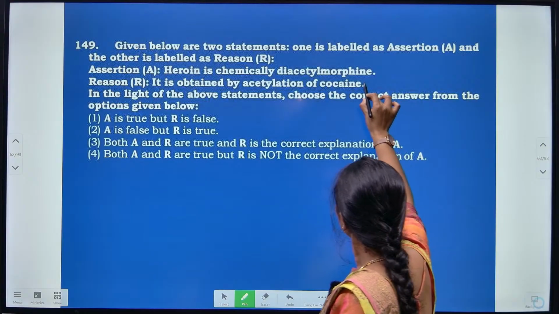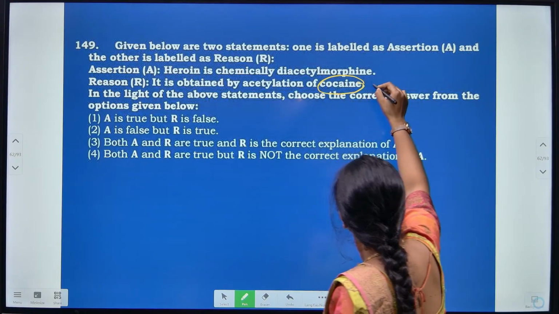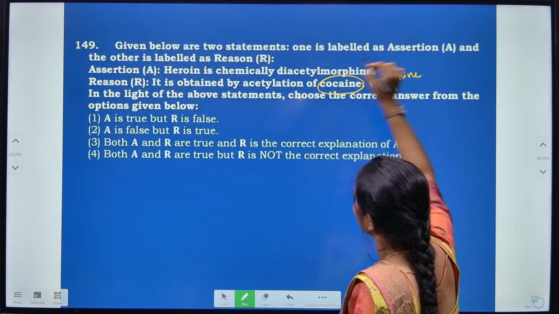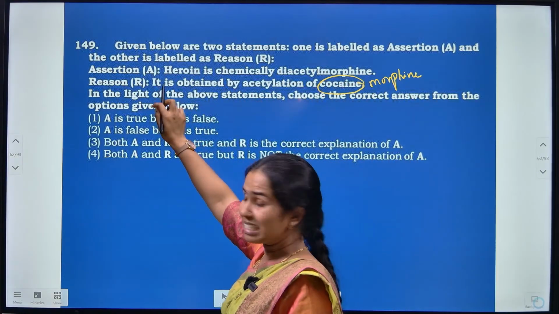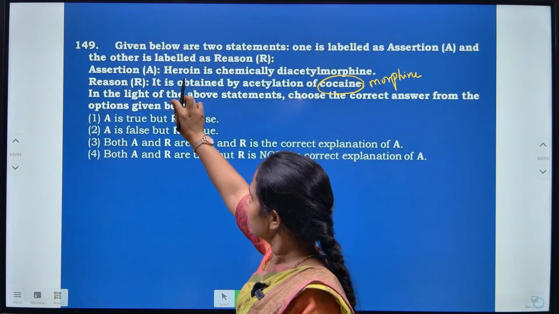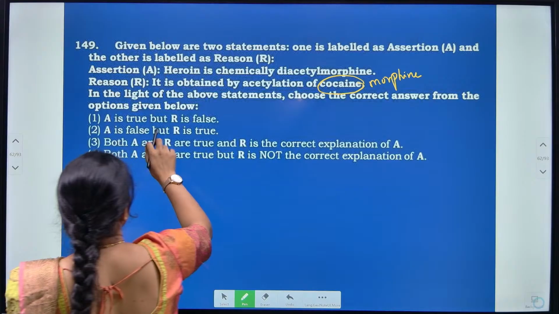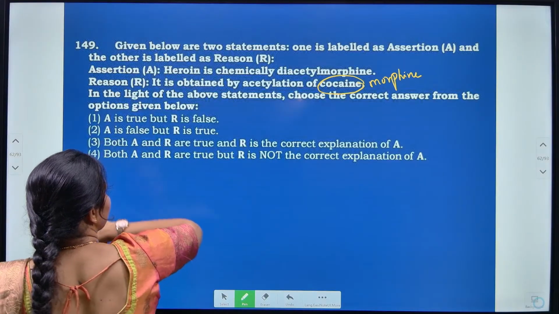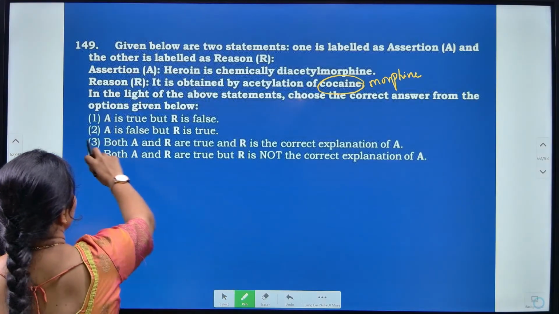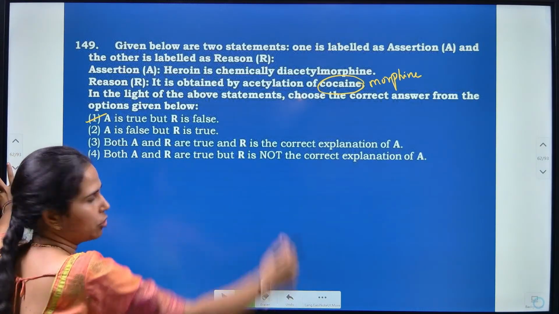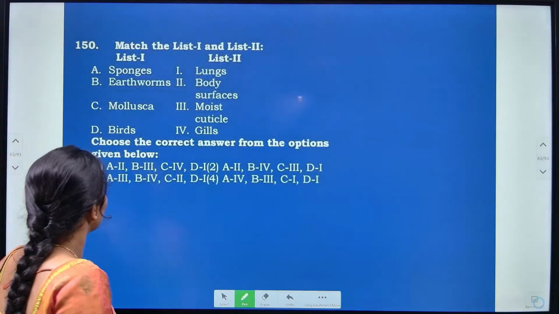It is not obtained from the acetylation of cocaine, but from the acetylation of morphine here. So assertion A is correct, but R is not correct here. So A is true, but R is false. Okay, so the right option will be 1 here. I have just explained why.